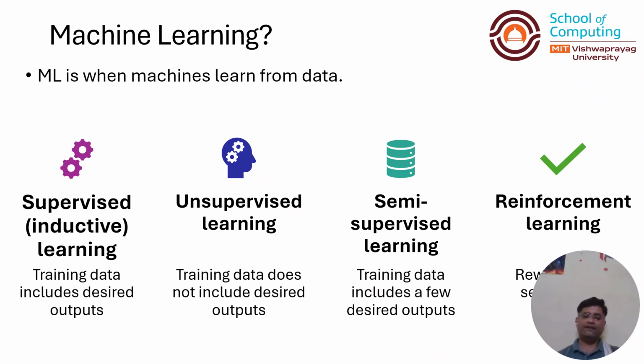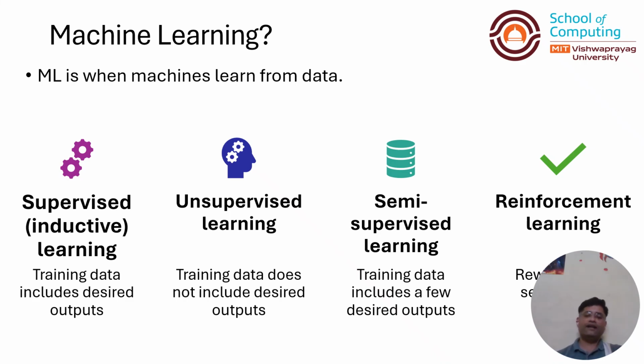The last is reinforcement learning. This is based upon human learning. It means a particular AI agent will perform a certain activity in the environment. The environment will either give a reward or penalize the AI agent. Based upon the reward, the agent will try to learn.